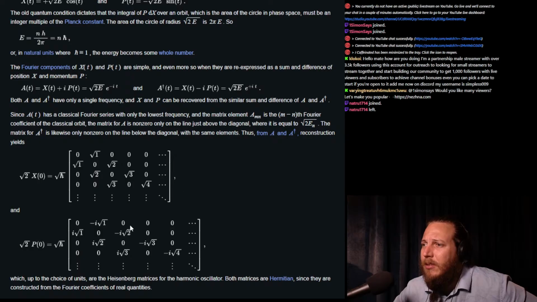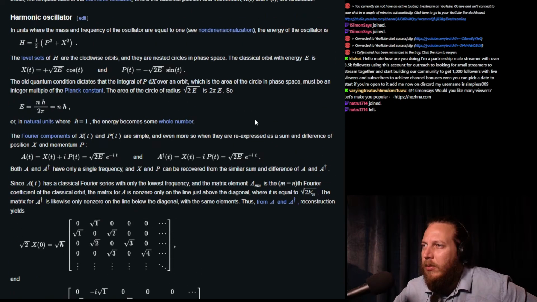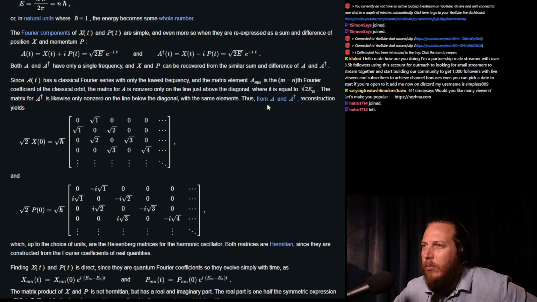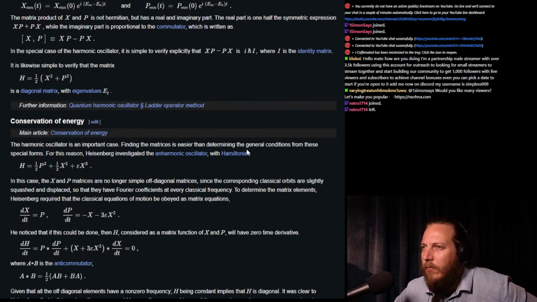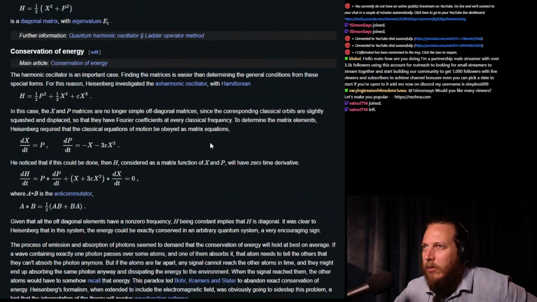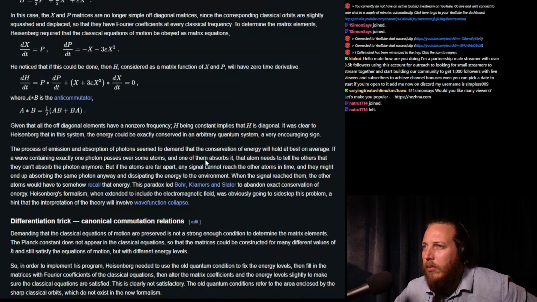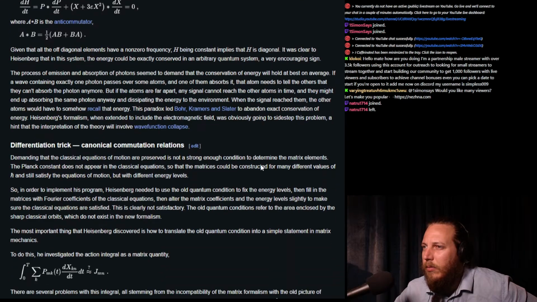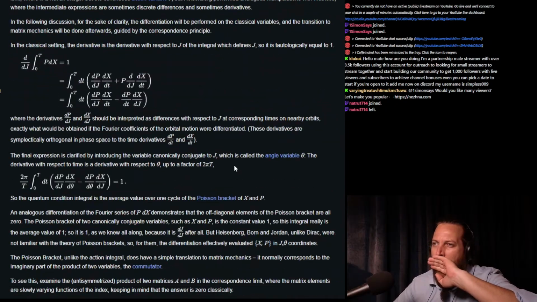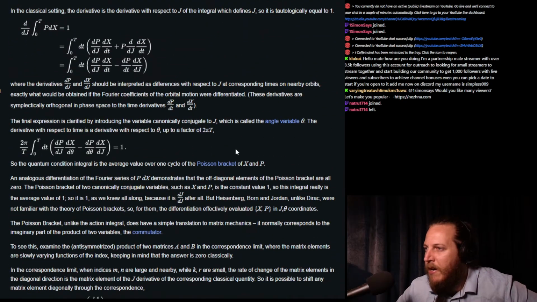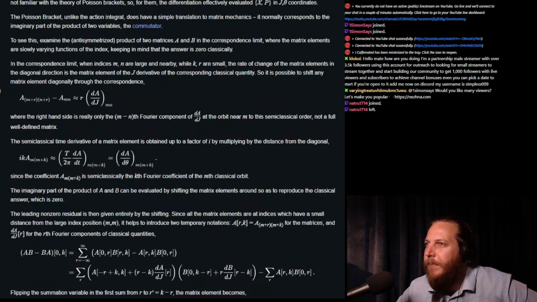Clockwise orbits, huh. Jesus shit, we're not even halfway down the page.